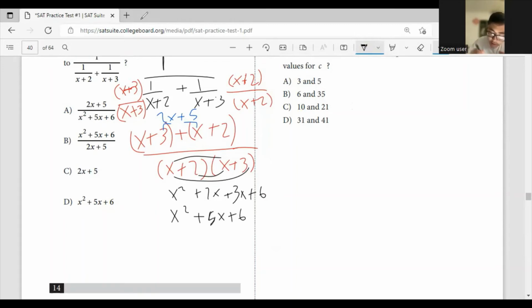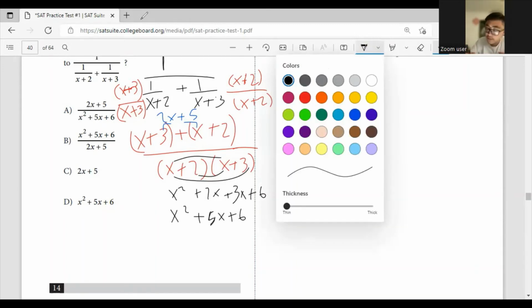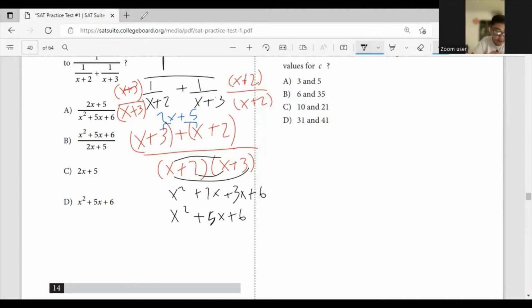So let me go ahead and write down what we have so far. So we have 1 over, so we just did all that work combining. We haven't changed a single thing. So our new fraction underneath this fraction is going to be 2x plus 5 over x squared plus 5x plus 6.